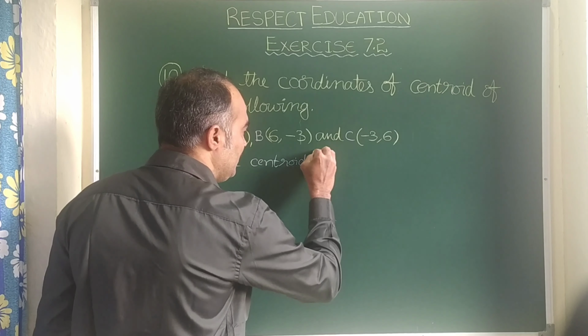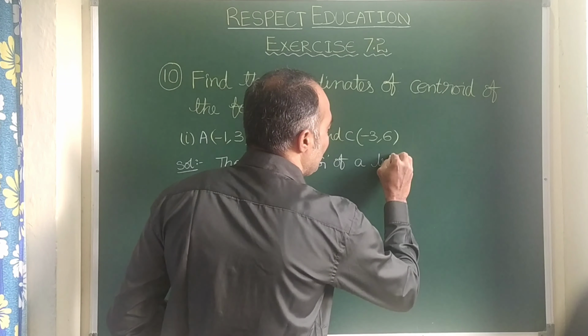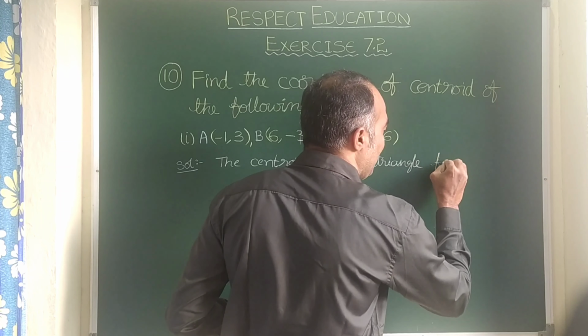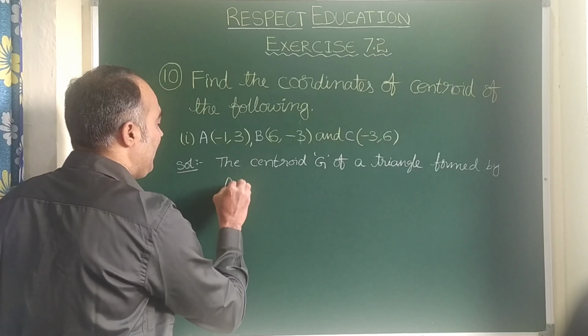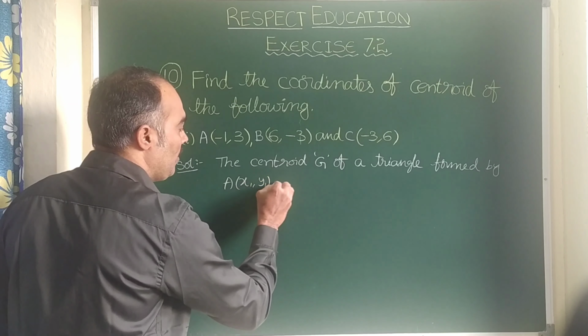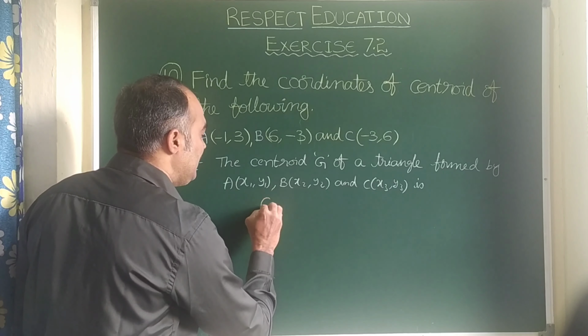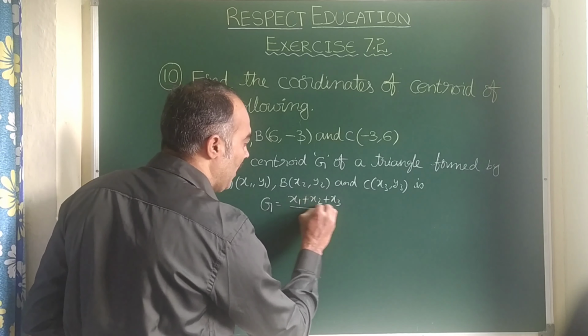G of a triangle whose vertices are formed by, you can write anything, no problem, A x1 y1 comma B x2 y2 and C x3 y3 is, we have a formula, that is G is equal to x1 plus x2 plus x3 by 3.